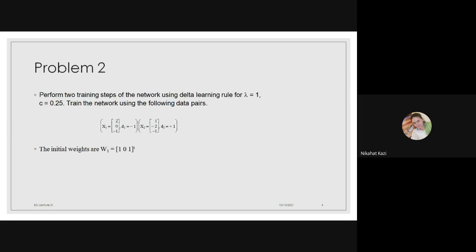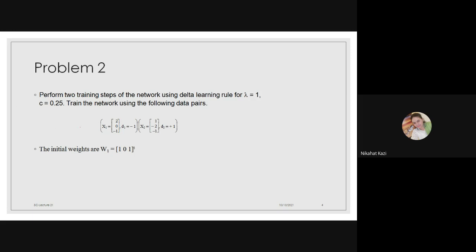So this is the next problem. There are two input patterns given to you, and you have to use the delta learning rule with C equal to 0.25. Initial weights are also given. Desired outputs are given. The training pairs are given. What is missing here? Activation function.